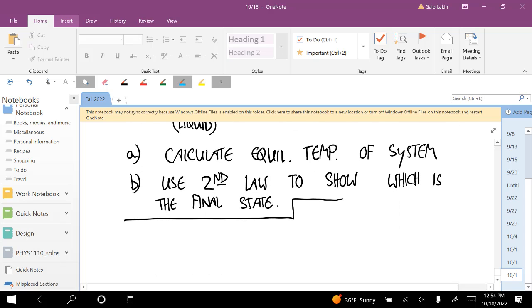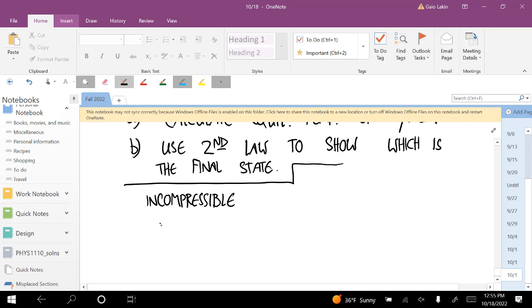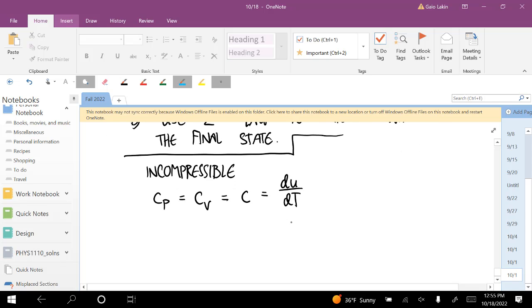So you can just look up these values. Remember, for incompressible materials, CP and CV both reduce to what we call C, and that's du/dT. You can look these up for these two materials.